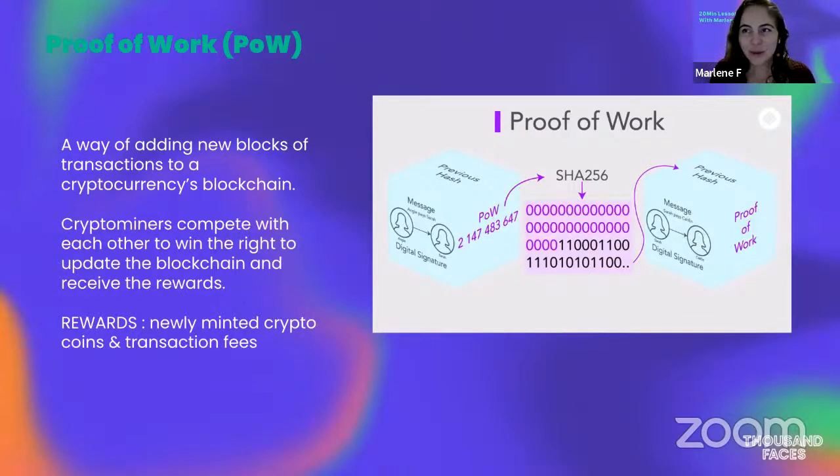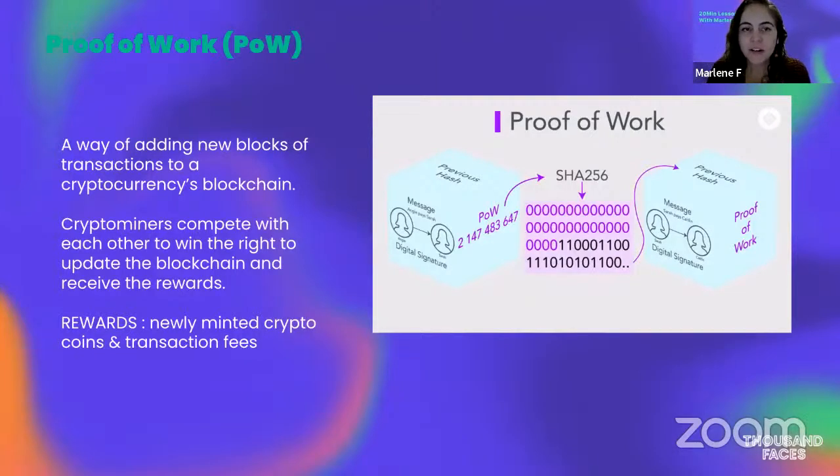So what is this proof of work? Proof of work, as we remember with the blocks that the transaction has for the different friends, is a way of adding new blocks of transactions to a cryptocurrency blockchain. So in proof of work specifically, you have some people behind the computers called the crypto miners.